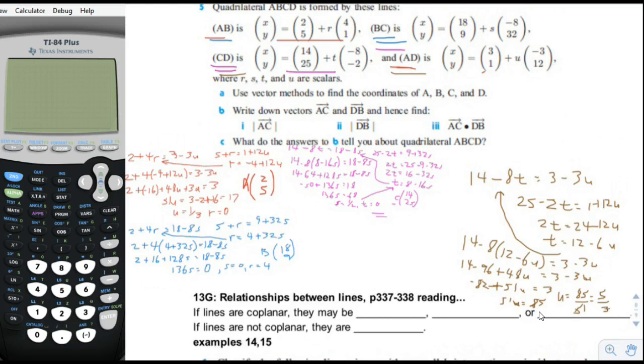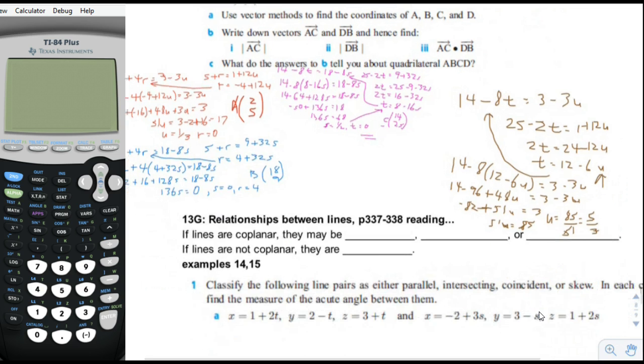So u is equal to 5/3, and then we could put 5/3 into here, and then we'll have that t is equal to 12 minus 6 times 5/3, so that would be 30 divided by 3, so 12 minus 10, so t equals 2.